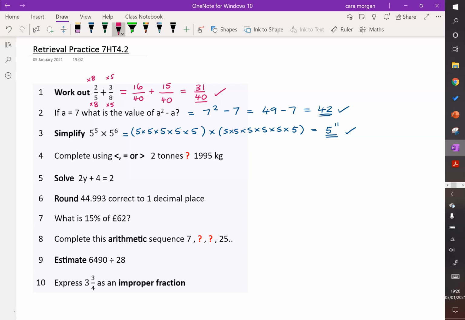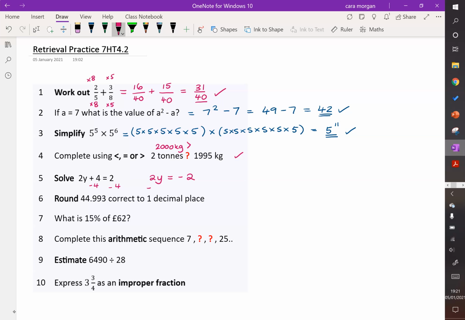2 tons in metric is actually 2,000 kilograms, which would mean that that was bigger than 1,995. My equation, I'm going to have to subtract 4 from each side. That would give me 2y is equal to negative 2.